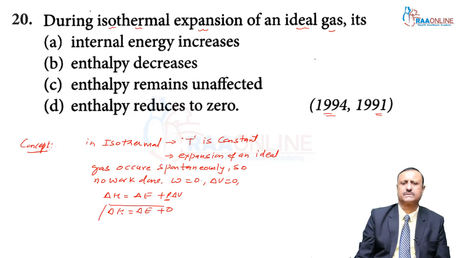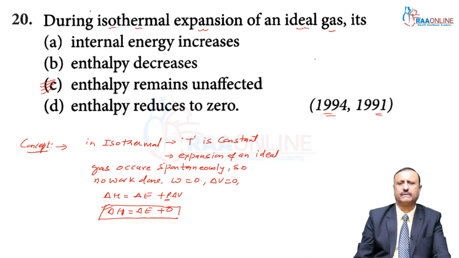So, my dear students, change in enthalpy is 0, no change in enthalpy occurs. So, enthalpy remains constant, because delta H is equal to delta E. This is the concept, my dear students. During isothermal expansion of an ideal gas, its enthalpy remains unaffected. So, question number 20, answer is C.